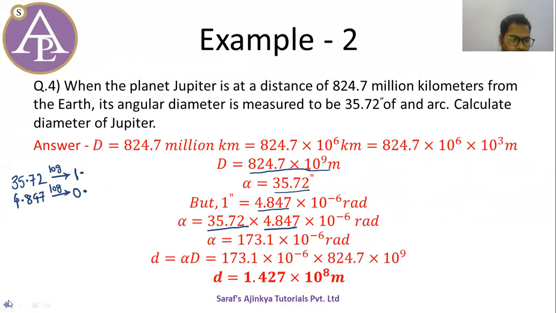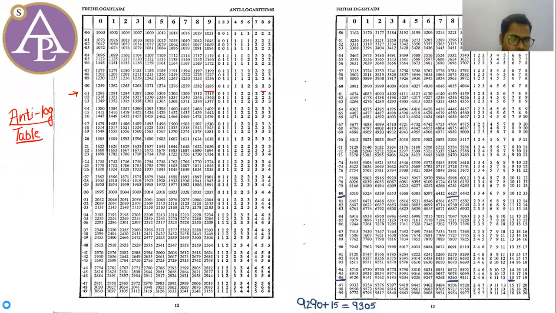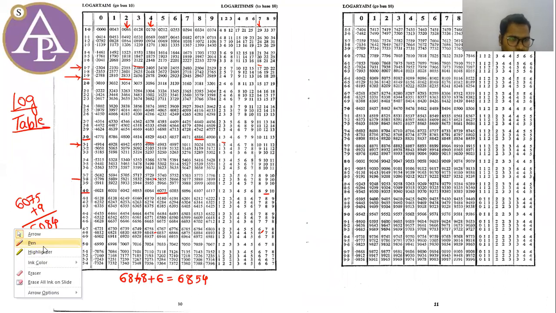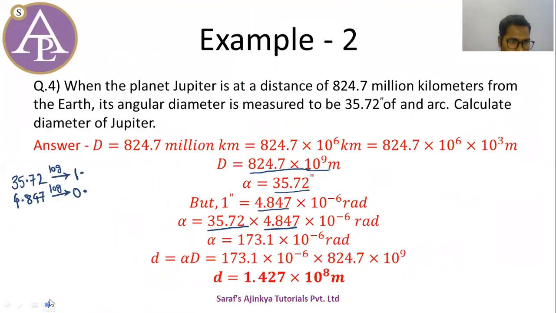Now 3572. Okay, 3572. 35. This is 35. This is 7. Correct. This is 7 and this is 2. 3572. So 5527. Can you see this? 3572. So 5527 plus 2. So 5529. So this will be 5529. Correct.